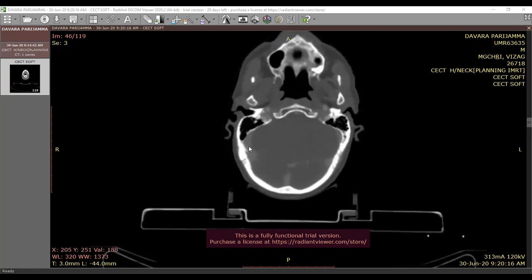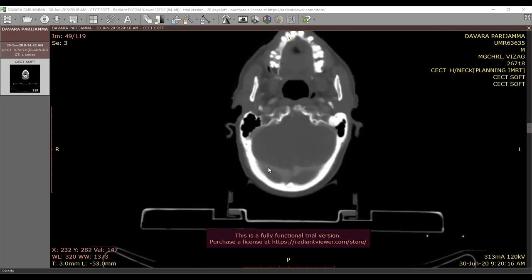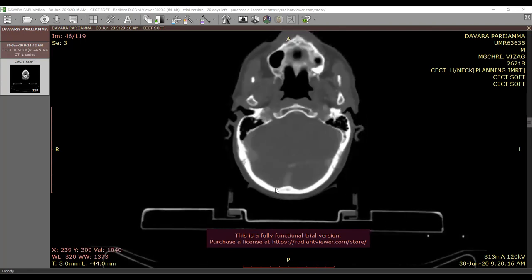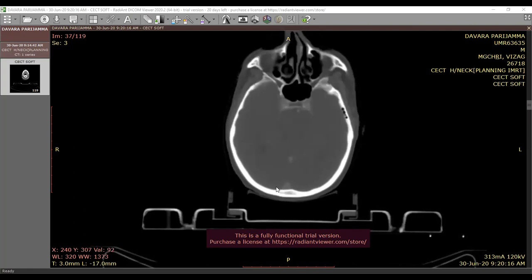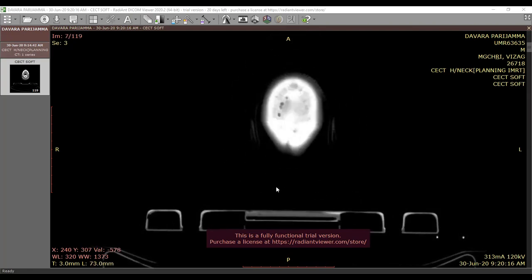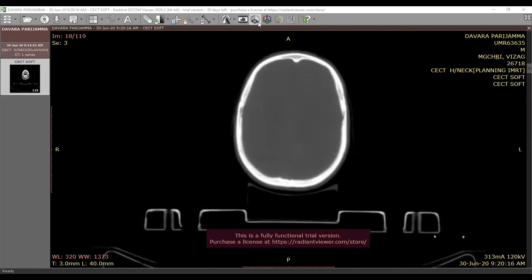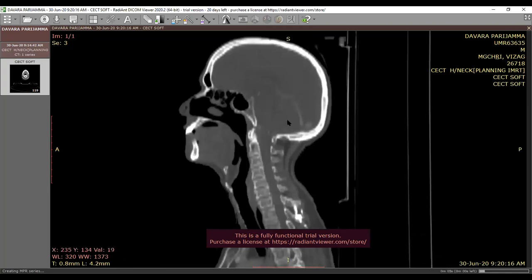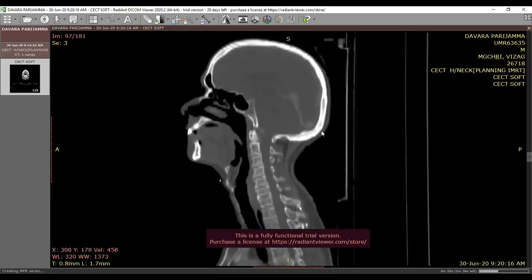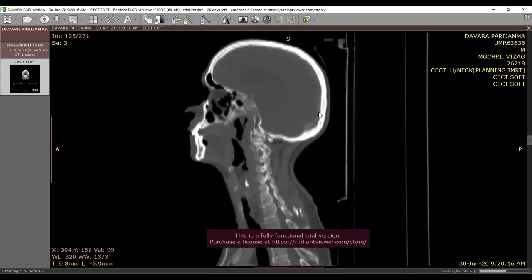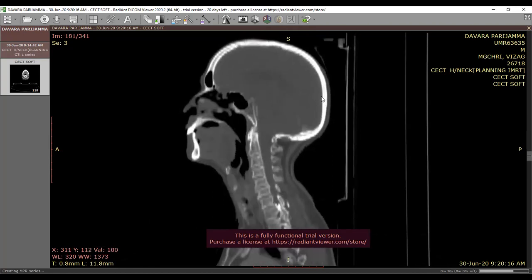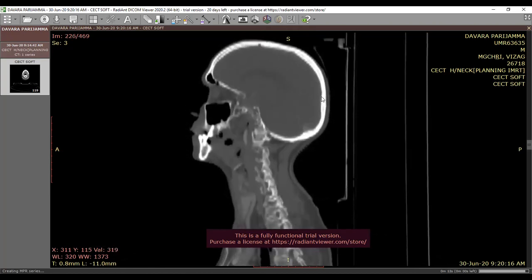This is the sigmoid sinus. This is the straight sinus. This is the transverse sinus. You can see here the superior sagittal sinus.